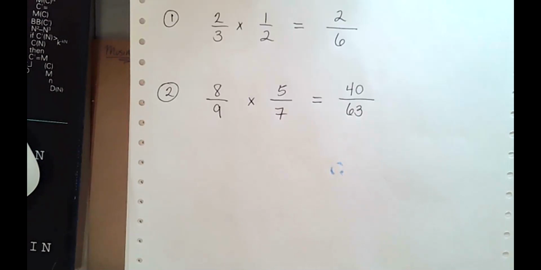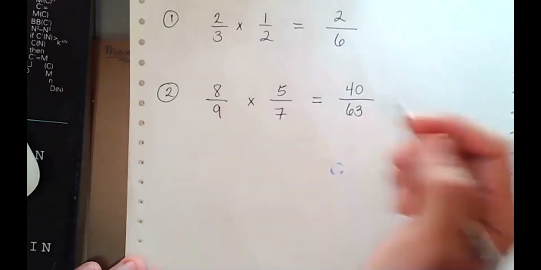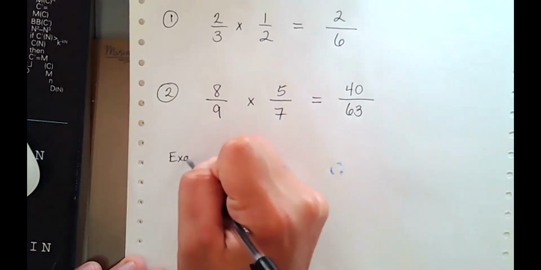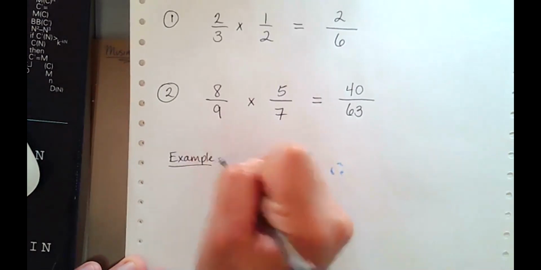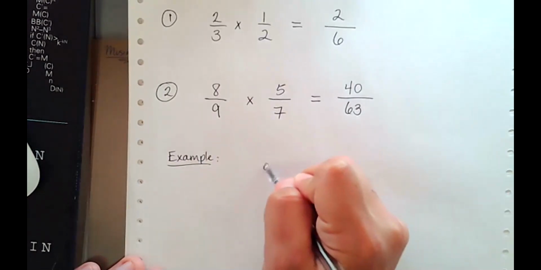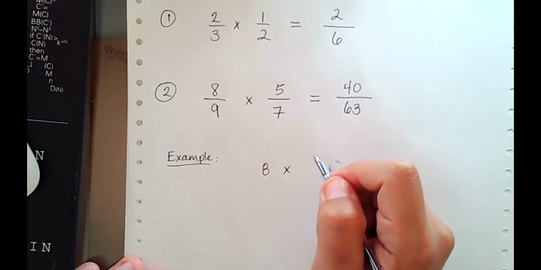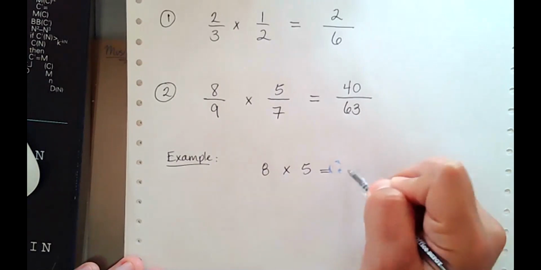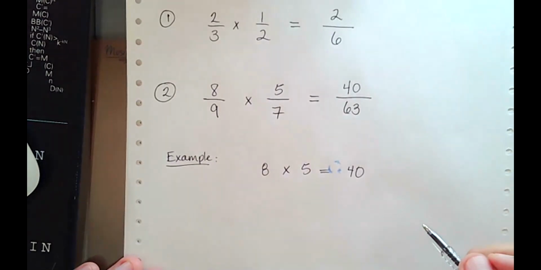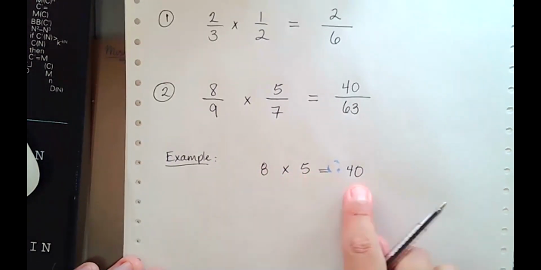So at this point, when we're doing these operations, I think we lose track of how we're supposed to be interpreting the multiplication, right? If I were to tell you, let's just do 8 times 5, we know that one was 40. 8 times a number becomes a bigger number.